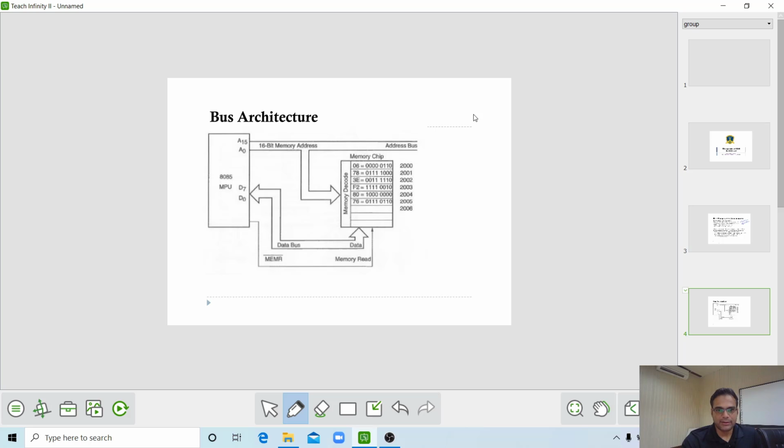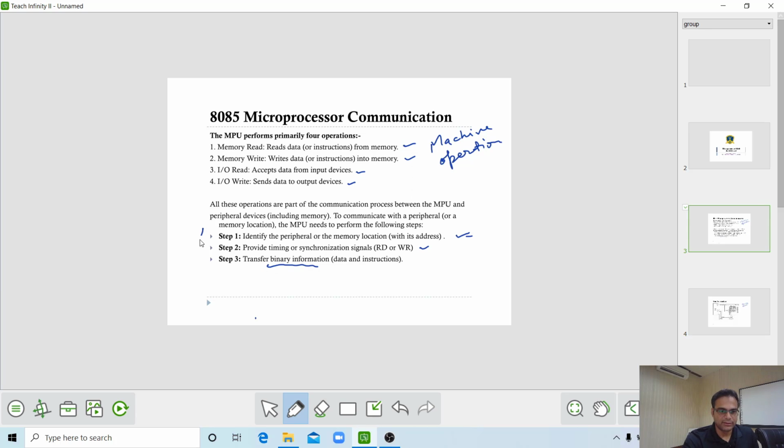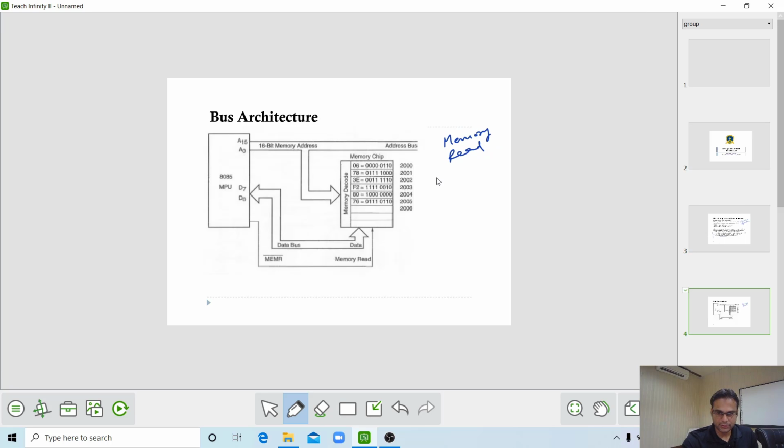This is a diagram of the microprocessor architecture through which we can understand how the microprocessor performs a memory read operation. It is based upon three steps. The first step, as we have seen, is addressing. This is a microprocessor and this is a memory.